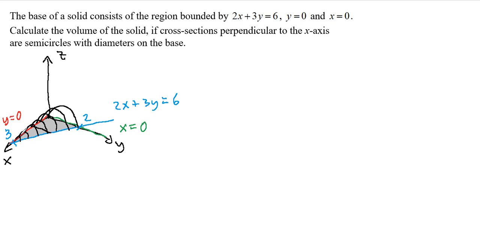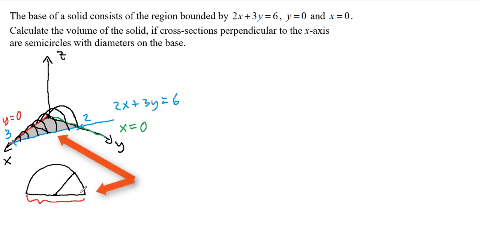To set up the volume of the solid with an integral, we need to know the area of a general cross-section, in other words, the area of a general semicircle. And here is a general semicircle. In order to determine the radius, let's notice that the base of this semicircle is actually y.